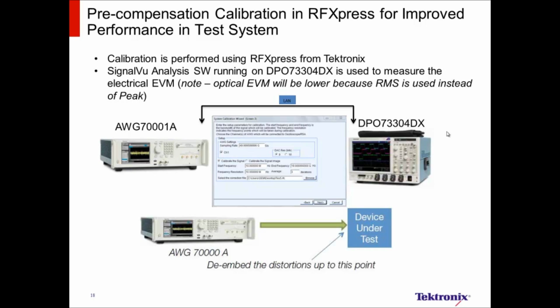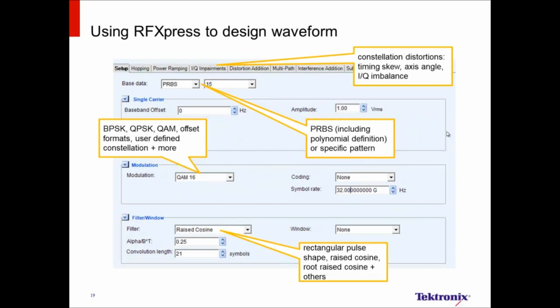So this brings up our capability of going from electrical through fiber and then out of fiber into electrical, and actually look at the EVM at the end point rather than right at the beginning. So as I mentioned, the RFXpress software gives you a lot of flexibility, and it's fairly easy to use.